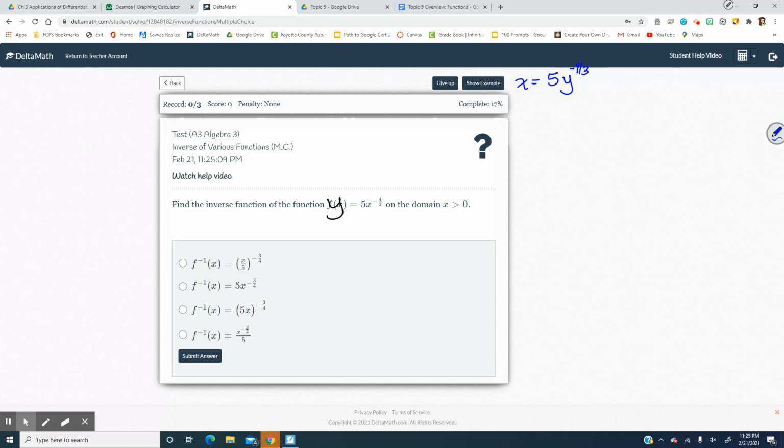I'm going to solve for y, so I can start by dividing both sides by 5. So x over 5 equals y to the negative 4/3.